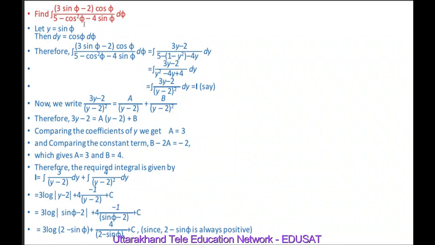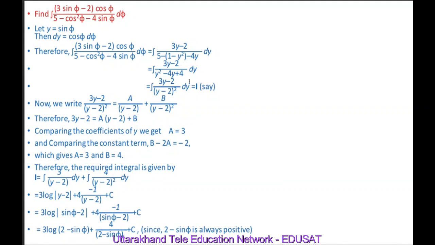cos square phi can be written as 1 minus sin square phi, because sin square phi plus cos square phi is 1. So it is 1 minus y square, and minus 4y. If you simplify it, it is (3y minus 2) over (y square minus 4y plus 4) dy.